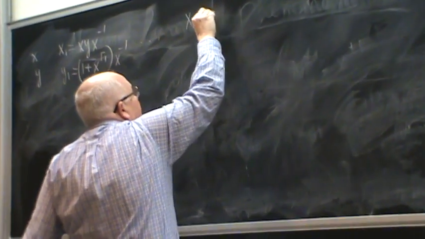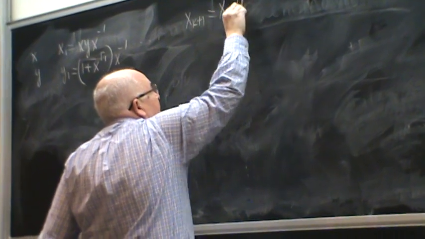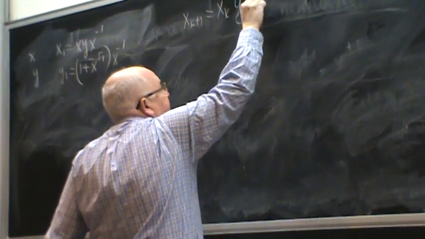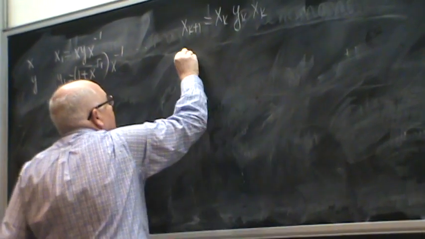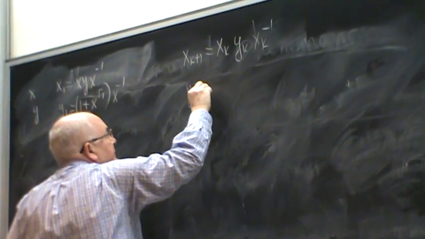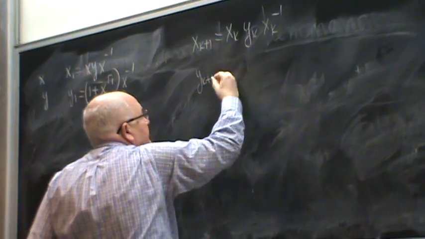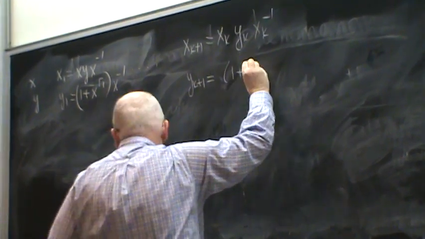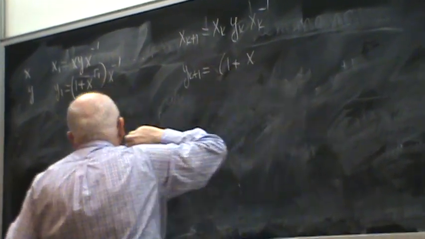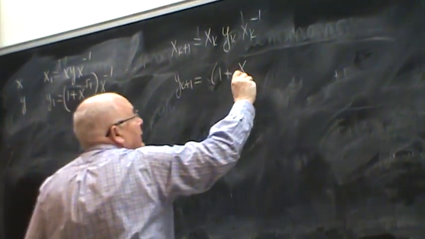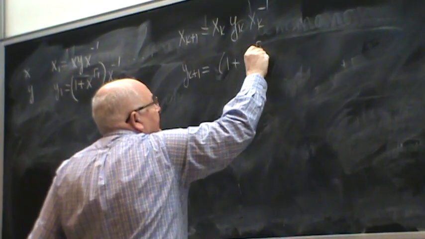Then x_{k+1} equals x_k y_k x_k inverse, and y_{k+1} is equal to 1 plus x_k inverse, sorry, 1 plus x_k to the power r_k.